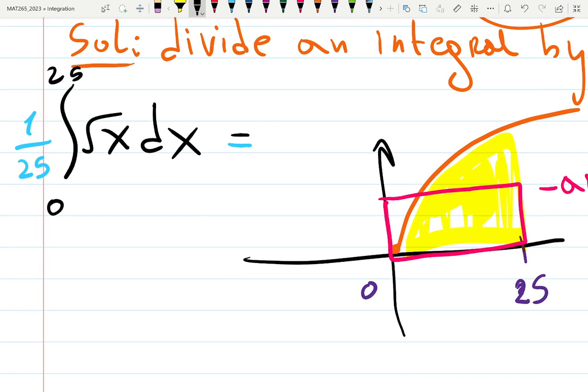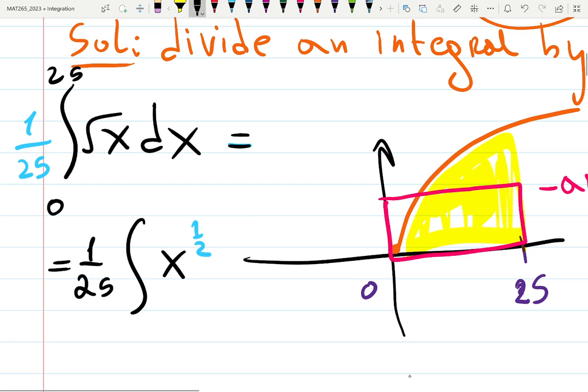Let's practice integration again. 1 over 25. You can do it at the end or just like I did. It's better. You don't know what the integral of square root of x is? It's fine. Rewrite it as x to the 1/2. I highly recommend doing that. As you can see, I didn't integrate yet, so the integral sign did not disappear.